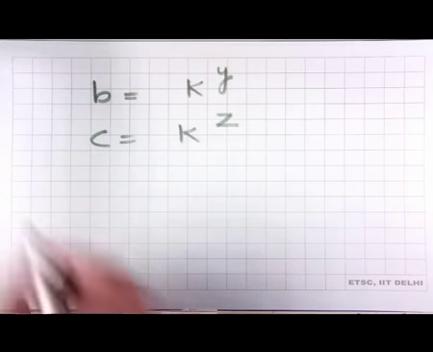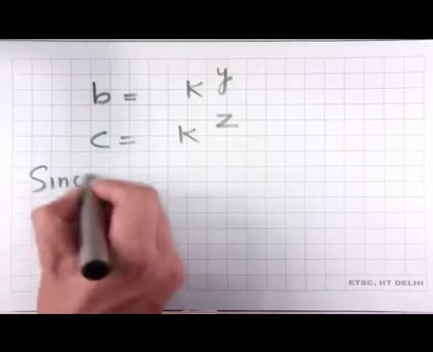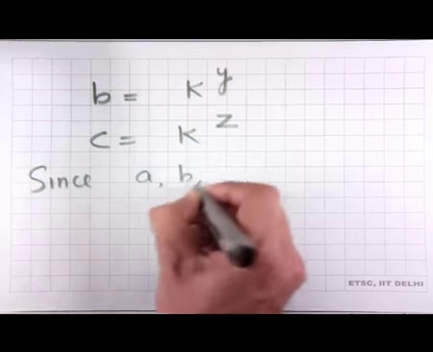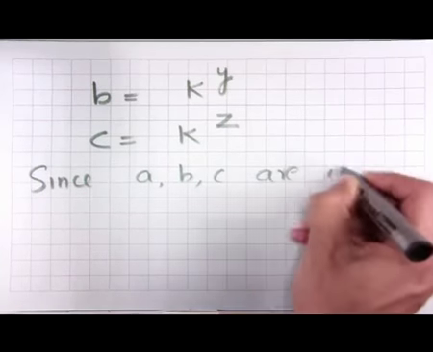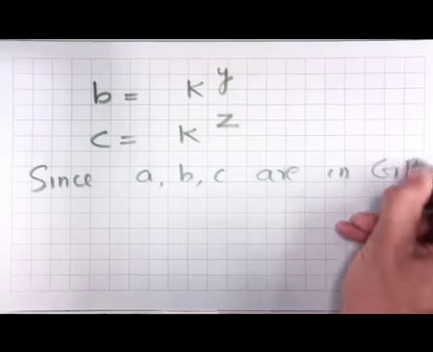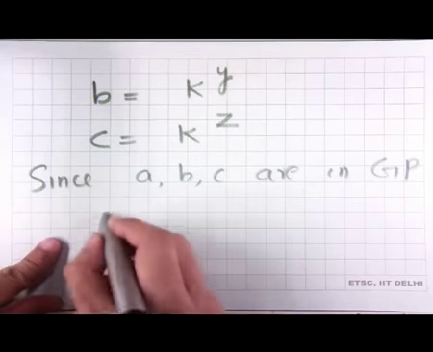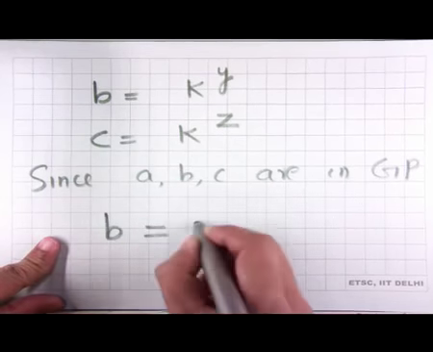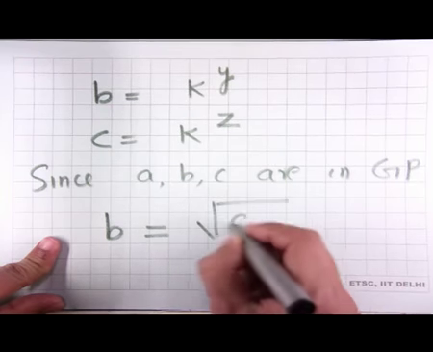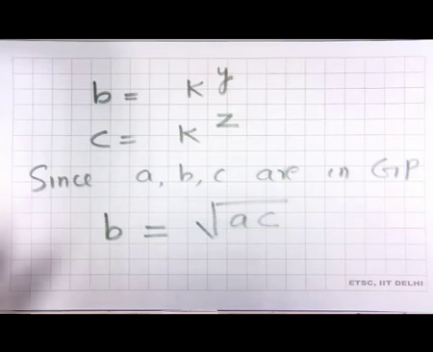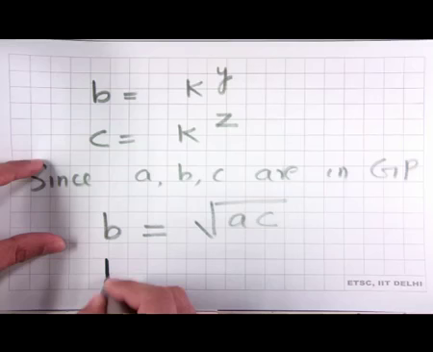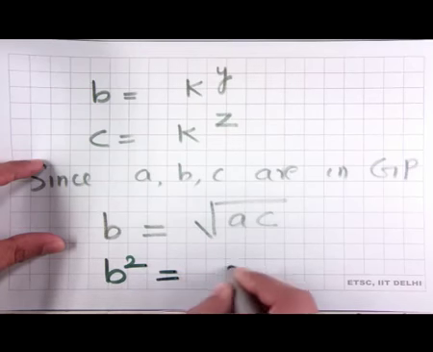Note that since a, b, c are in GP, the middle term b is equal to the geometric mean of other 2 terms, which is the same as saying b square is equal to AC.